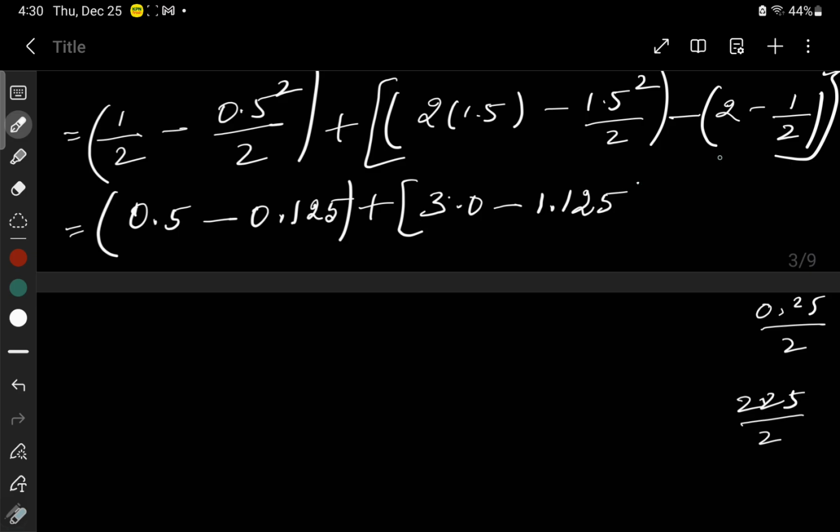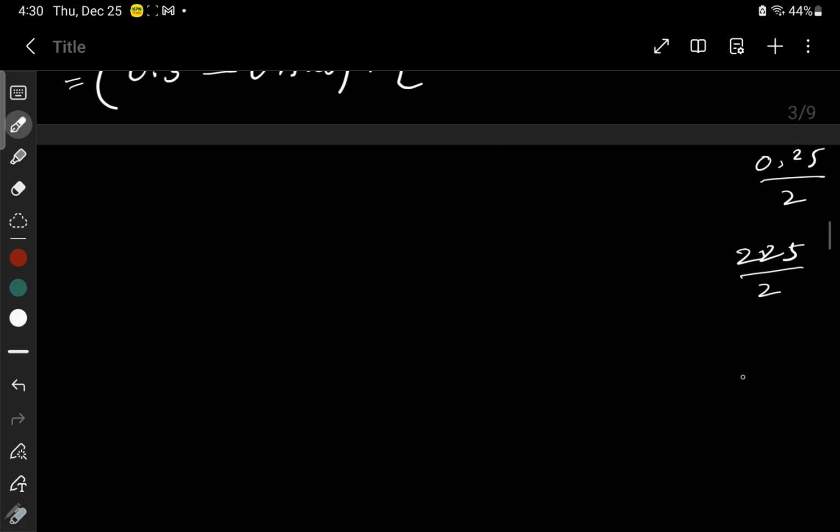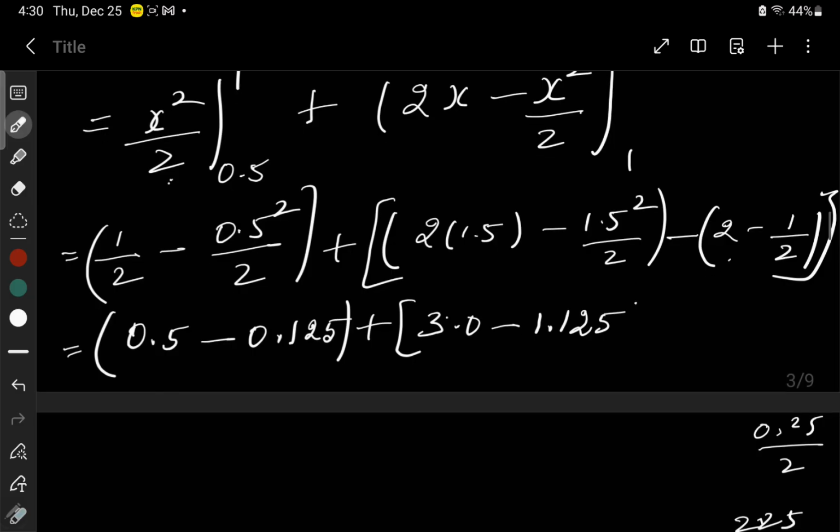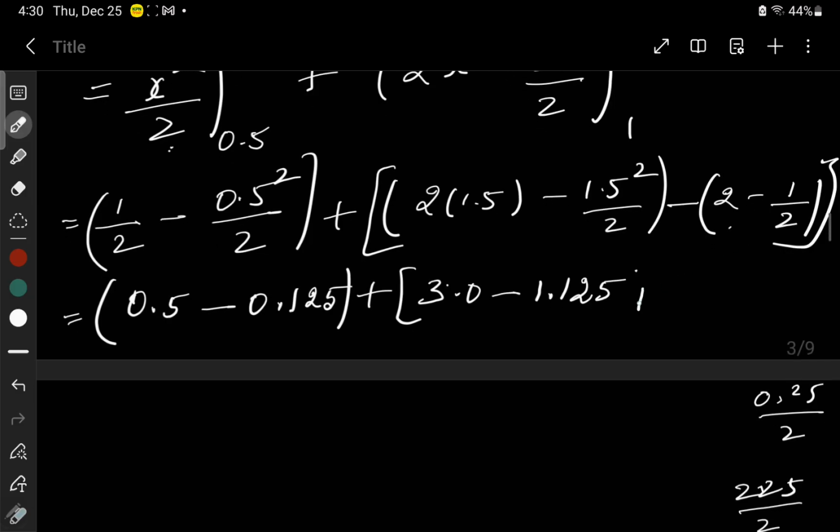Then you simplify this: 2 minus 1 by 2. 2 is the LCM, 2 twos are 4 minus 1 is 3 by 2, which is 1.5. Sorry, this minus is outside, no? So minus 1.5.